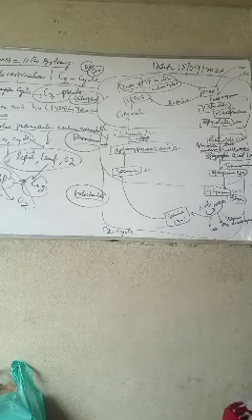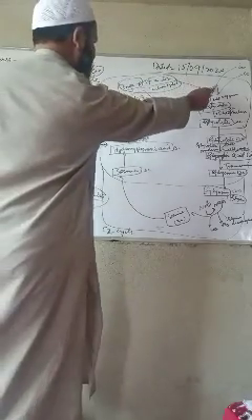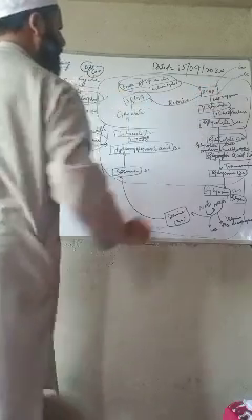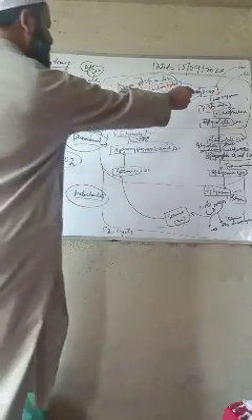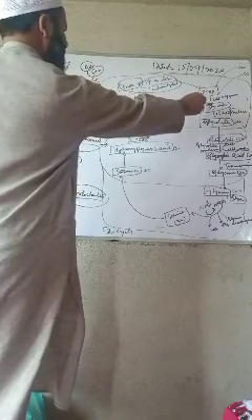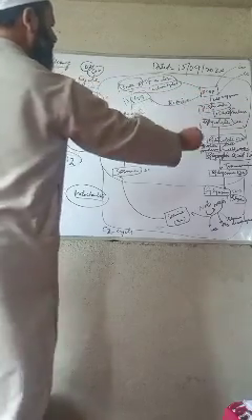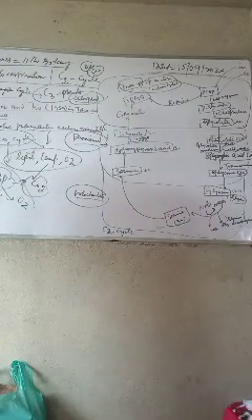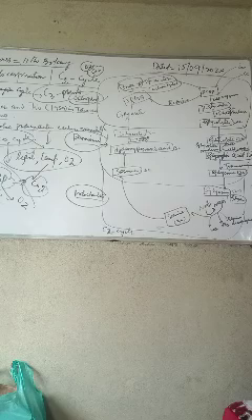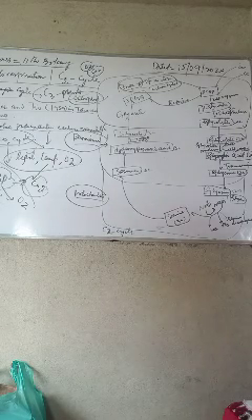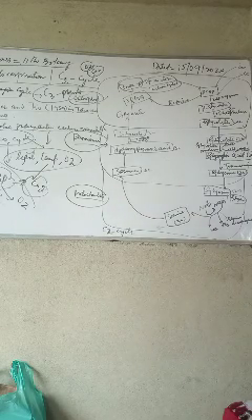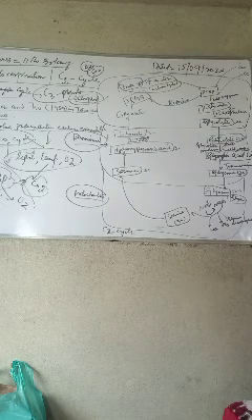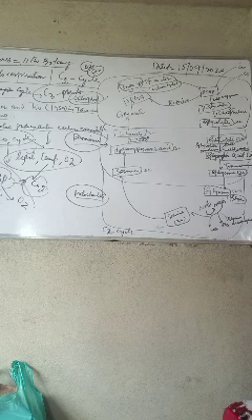So RuBP, ribulose bisphosphate, with the help of RuBP oxygenase produces one molecule of 2 carbon compound phosphoglycolate and one molecule of 3 phosphoglyceric acid. This phosphoglycolate, with the help of phosphatase, produces glycolate. Here phosphorus gets released from phosphoglycolate and it becomes glycolate.